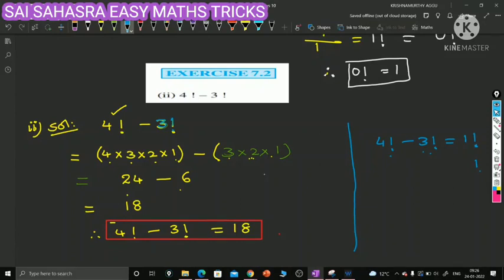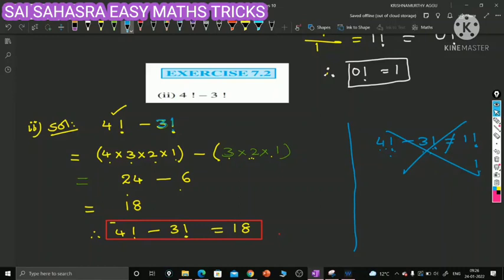So don't think that it is like 4x minus 3x means 1x. It is not x. 4 factorial is something else, 3 factorial is something else. So that is why 4 factorial minus 3 factorial is never equal to 1 factorial. This is a wrong concept. Did you understand?